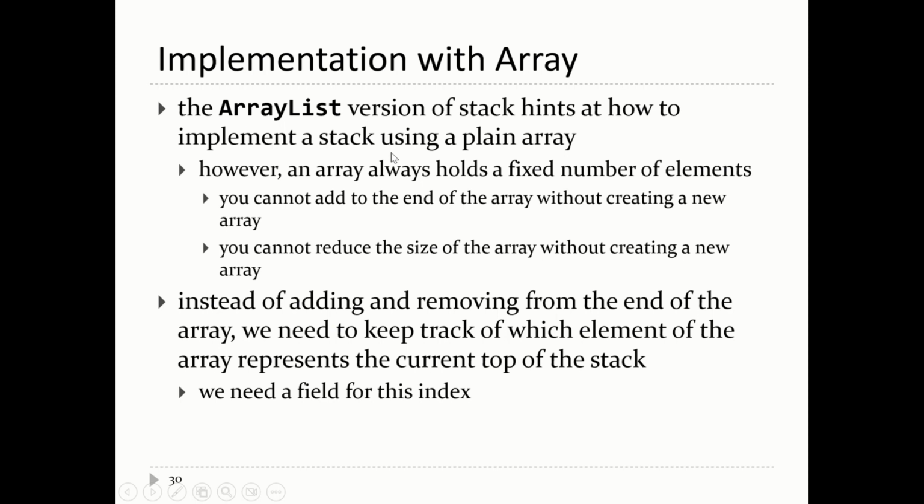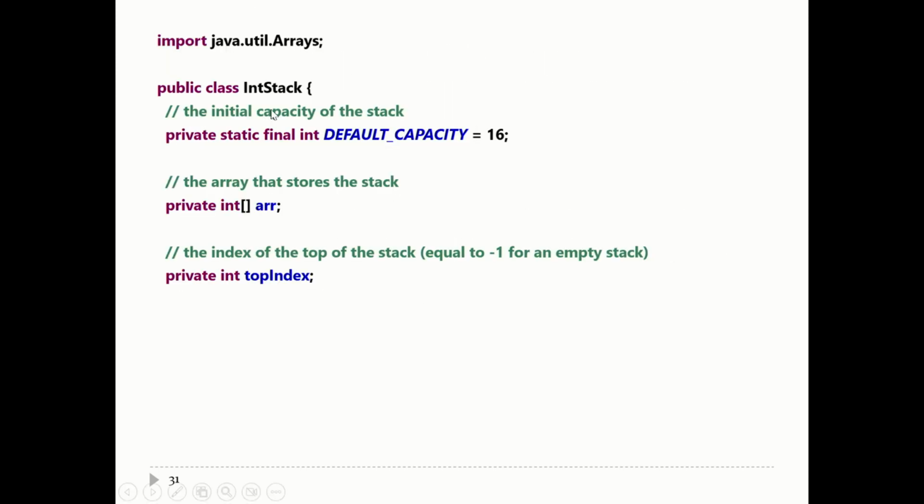All right, so if we want to implement the stack, you know how to implement the stack using a plain array. So let's just quickly go through the implementation, and hopefully it's similar to what you did in your previous course. So in Java, if I want to make a stack of int, I'm going to have an array to hold the values, and you're going to keep track of where in the array is the top of the stack.